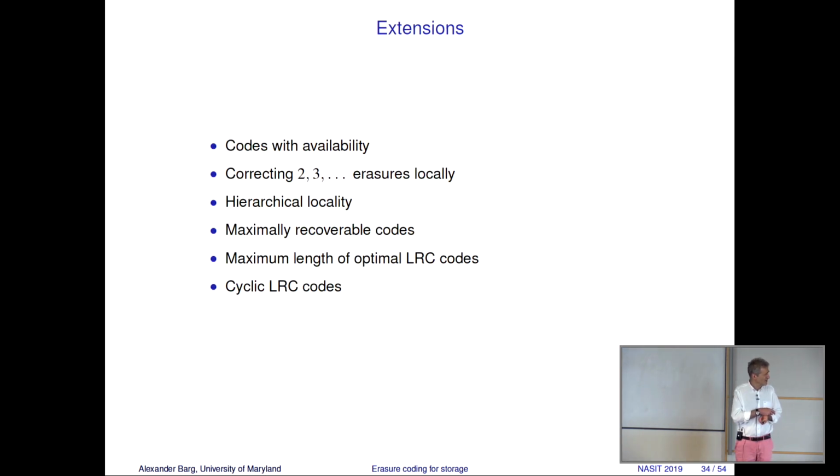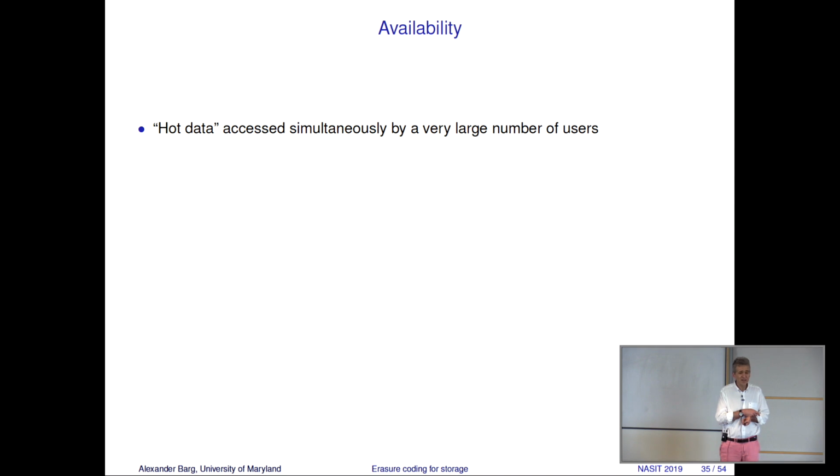Extensions. So there are a few extensions here, and let me discuss some of them in the remaining time. Availability. So what is availability? Imagine that some data on Twitter is sought after by many people.